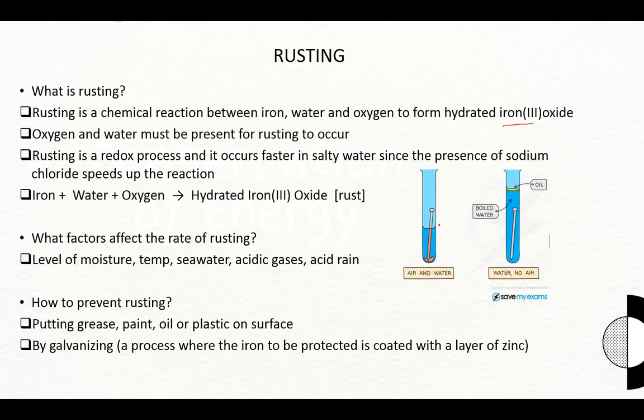And we have this little example here or diagram showing if you have water but you have no air, you see they closed off or blocked off the air by placing oil on top of it, you'll get no reaction here. No rusting will take place. But as soon as air is present with water, you get the rusting taking place.